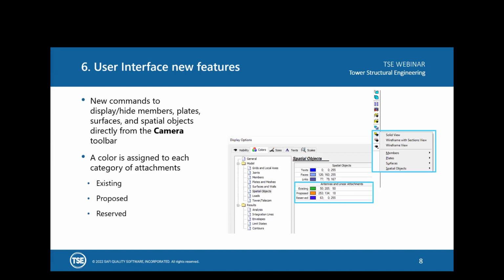And we also enhanced the camera feature. So now by using just a few clicks, you are able to display or hide any part of the tower, including the members or the surface loads or the spatial objects.